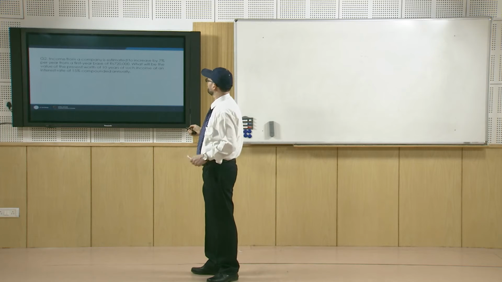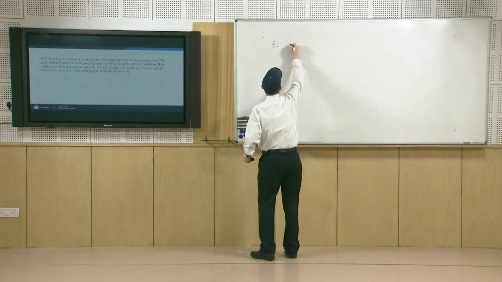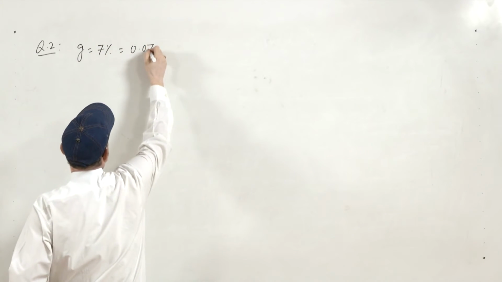What is there in this question? Income from a company is estimated to increase by 7% per year from a first year base of rupees 720,000. So, the income is increasing every year 7% from this base. It means in this problem G is 7%, that is 0.07.